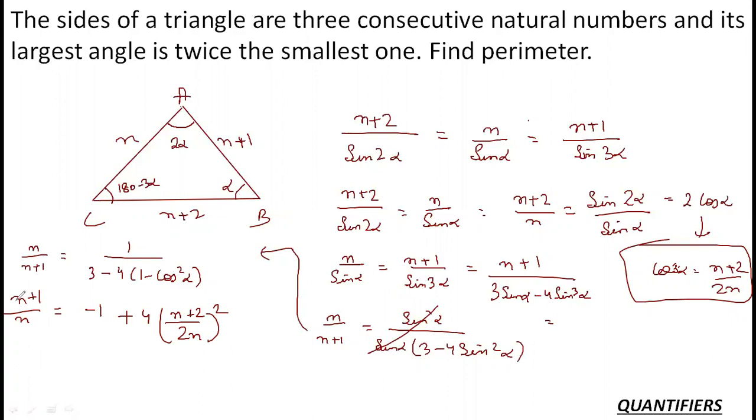Now n plus 1 plus 1, so it becomes 2n plus 1 upon n is equal to, 4n square and 4 cancelled, n square plus 4n plus 4 upon n square. Simplifying will give me n square plus 4n plus 4 minus 2n square plus n square. It is nothing but this.